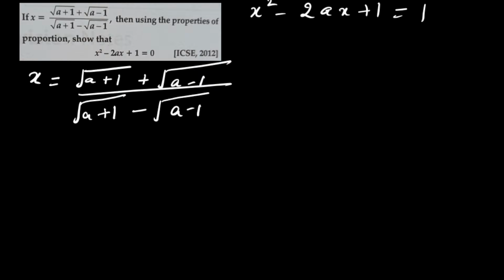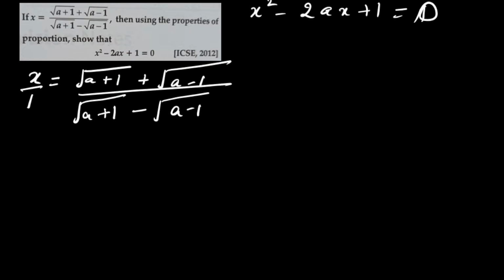So how do we have to do this? This we can write as xy. So ma'am, it is x square minus 2ax plus 1, x square minus 2ax plus 1 is equal to 0. Yes, okay, I just wrote it by mistake.